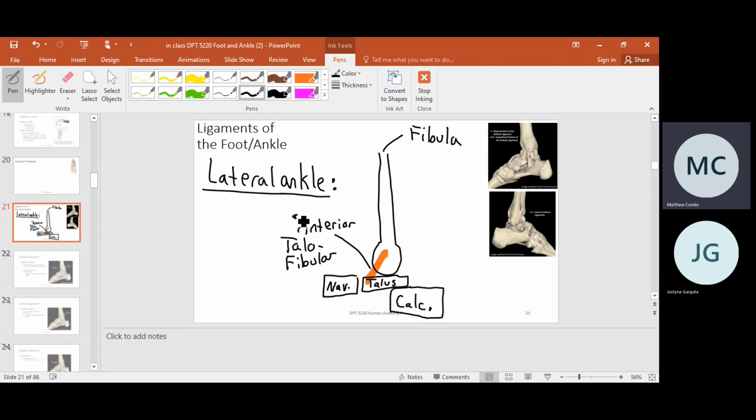So my anterior talofibular attaches my fibula, aka my lateral malleolus, down to my talus.